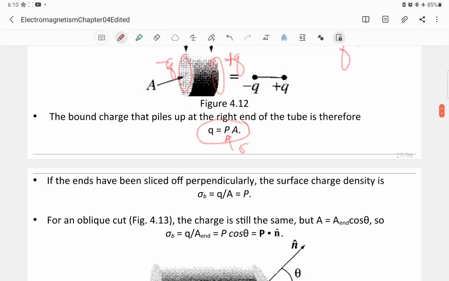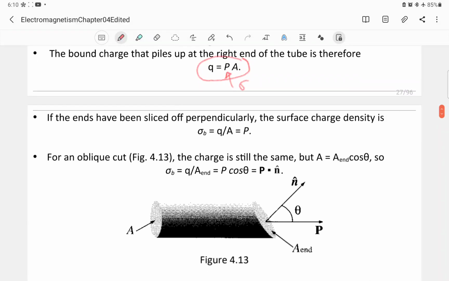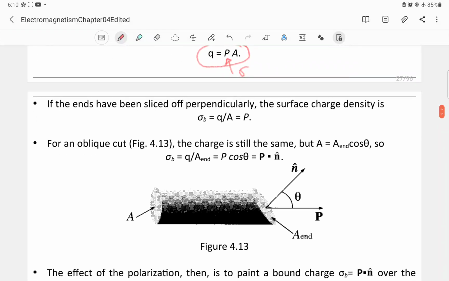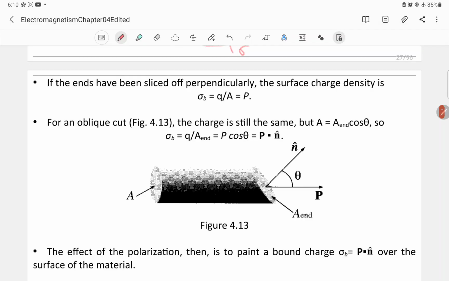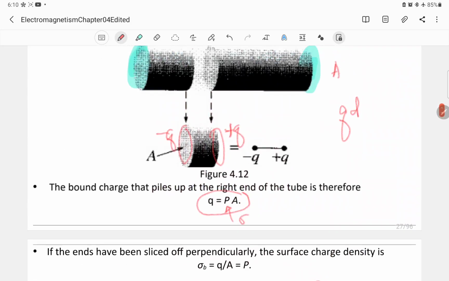For an oblique cut, like here, the charge is still the same, but your area is already different, and so your sigma b would be this one, as in the case here.